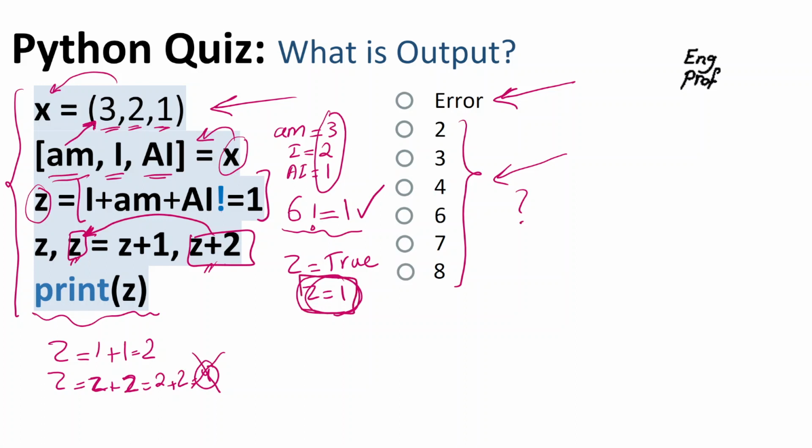Given that z is 1, z plus 2 is equal to 1 plus 2, which is 3. So 3 is assigned to z, and when we print z, it's going to print 3. So the correct answer is 3.